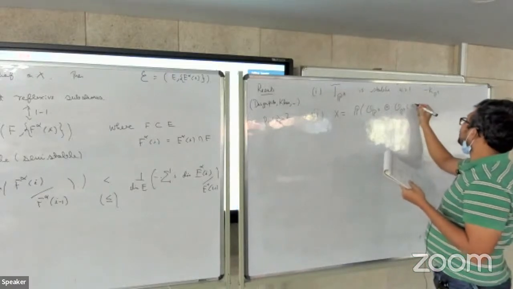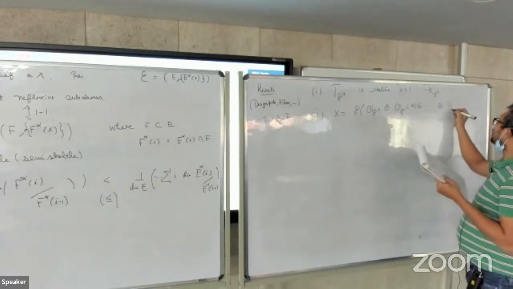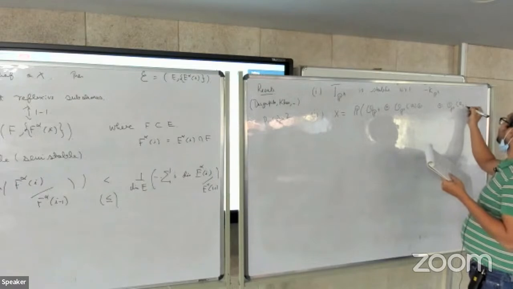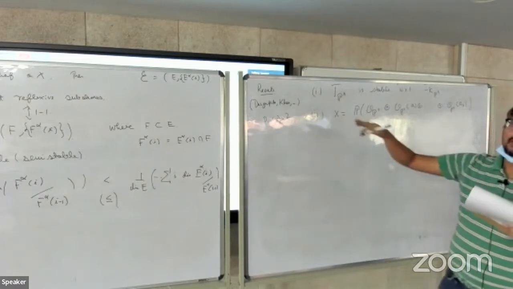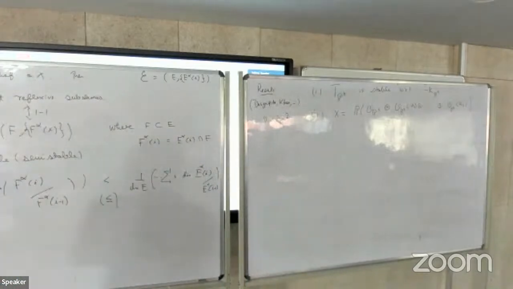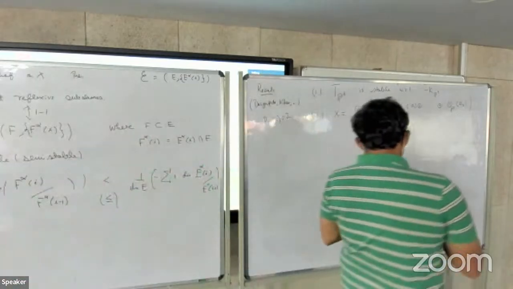Whenever you have Picard rank 2, the line bundle is like aD plus bB. So you have to be careful with the polarization also.